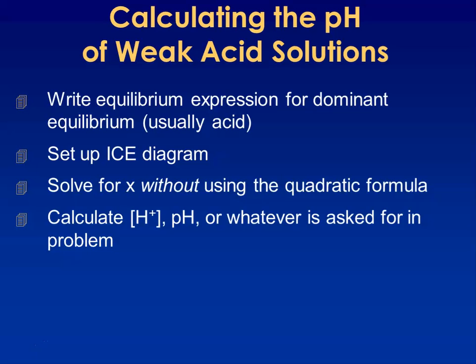We are going to exclude the x because these are only going to weakly dissociate. So in terms of the change in the initial acid's concentration, we're going to assume that it is not changing enough for us to consider it in our calculations. And once we have what that value of x is and we know what our hydrogen concentration is, we can use that to calculate what we're looking for.